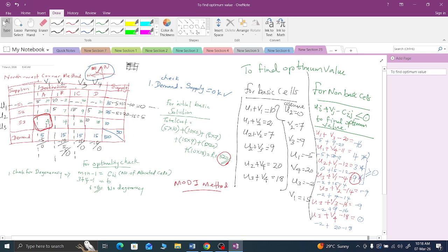We can find a loop here, go here, here, and come back. Also we can find a loop here, come here, go there and come here. Other than that, our loop has to go through the allocated cells.